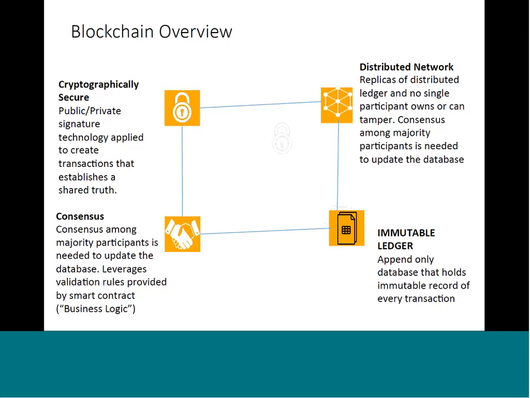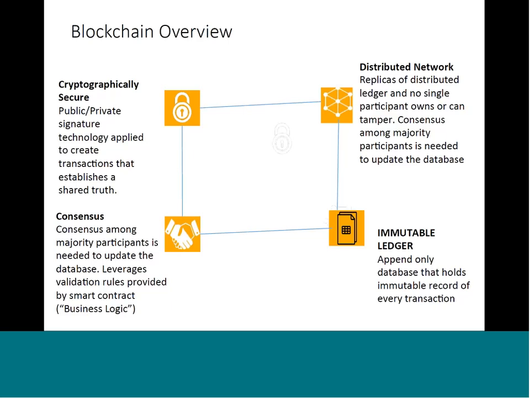But if you're going to move the infrastructure to a private network, the immutability is of concern, whether you can keep that immutability assurance true. And finally, consensus. That's the focus of this presentation, where we will talk about how you need to have consensus among the participants to update the ledger and what the different protocols are to achieve that.